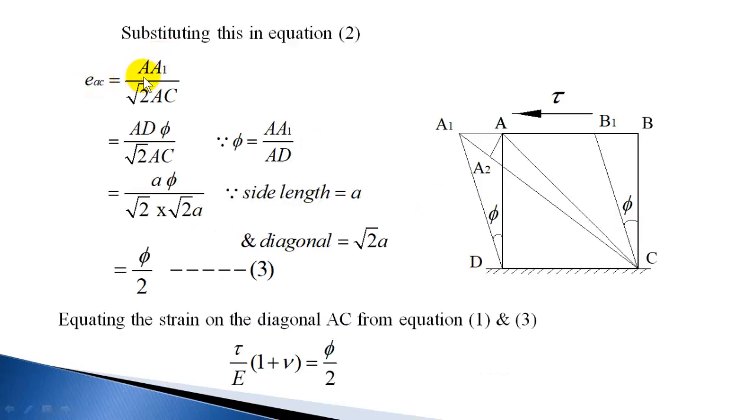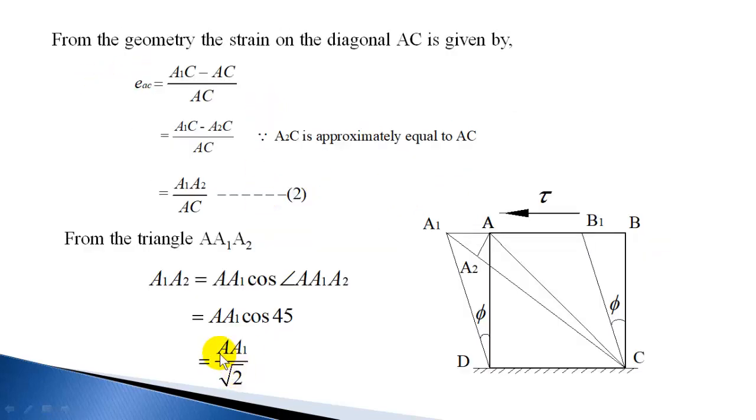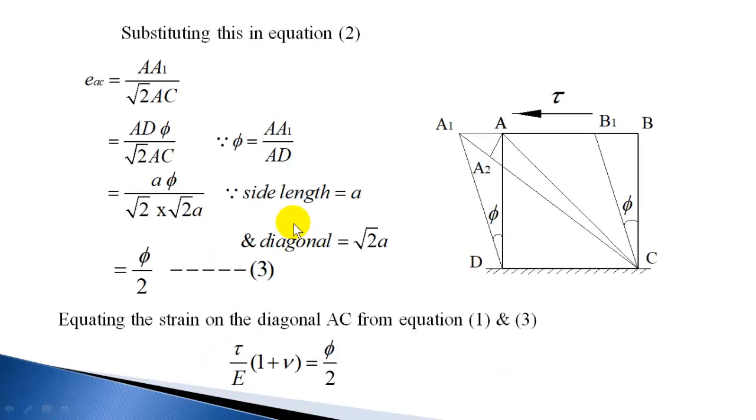So you get AA1 by root 2 AC. Now AA1, from this triangle, you can get AA1 by AD is tan phi. So AA1 you can write as AD phi. Since phi is very small, tan phi is approximately phi, and phi is the shear strain.